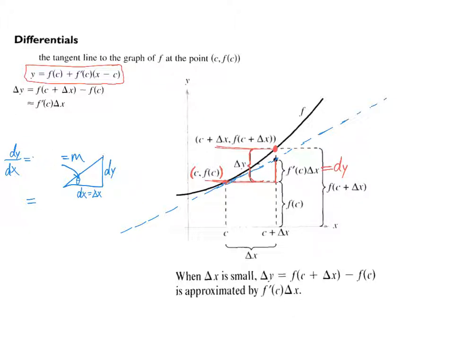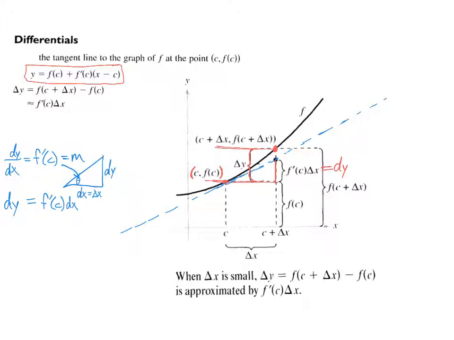But the slope of the tangent line is f prime of c. And that's why, if I multiply both sides by dx, we get dy equal to f prime of c times dx, or delta x. They're identical. That's why they labeled this little piece here f prime of c delta x.